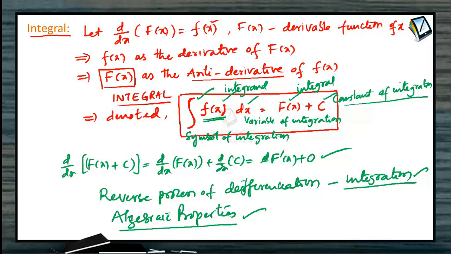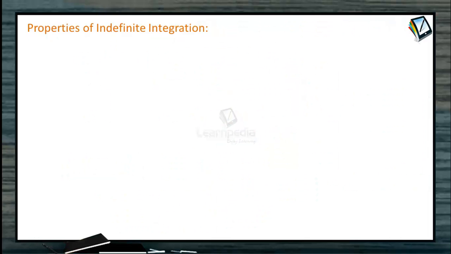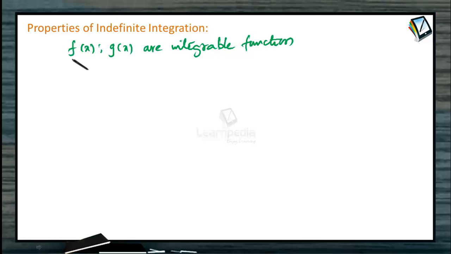Here we have algebraic properties of integration, where f of x and g of x are integrable functions. When do you say a function is integrable? If their derivatives exist, we can say they are integrable functions.